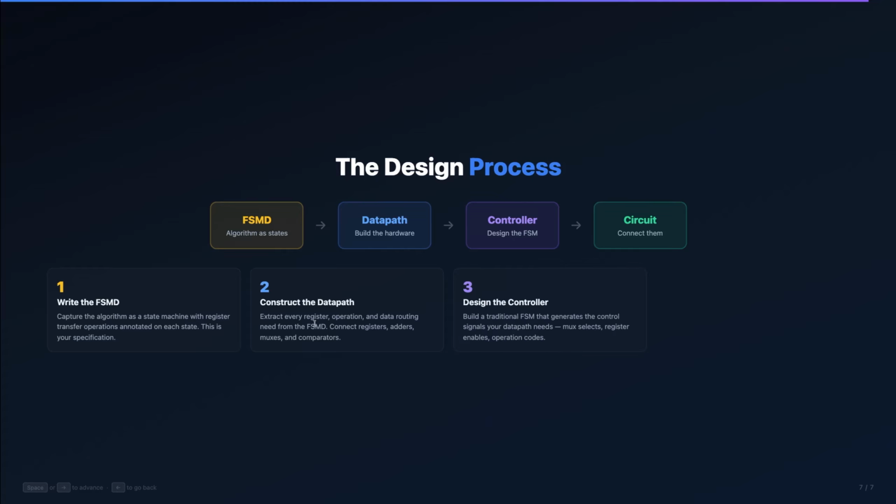And then once you have that, because you know the data path and you know what is supposed to happen with the FSMD, you can build a more traditional finite state machine that can be implemented in hardware that will actually run the data path. And by the time you put those two things together, you have the full circuit. Okay, so that's where we're heading in this section of the book. It's a fun process, I think. It's the process that lets you actually do some pretty cool little designs to help you learn digital logic.